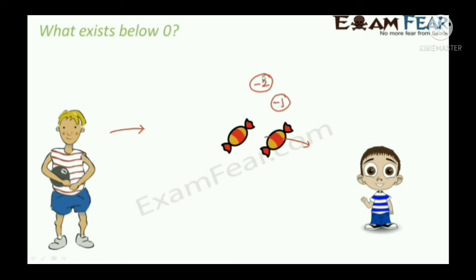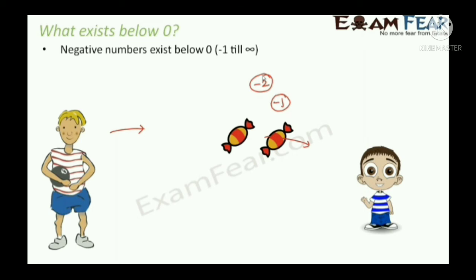So what did we observe? We saw that below 0 exist the negative numbers. The negative numbers start from -1 and go like this: -2, -3, -4, and this also goes till infinity, because the negative numbers also extend indefinitely.